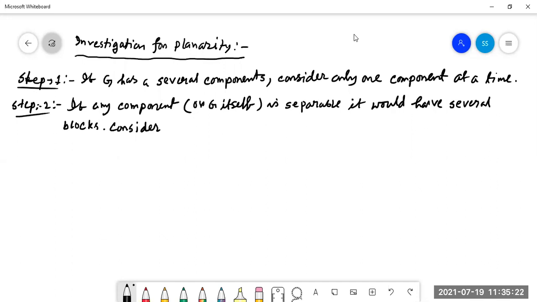Consider only one block at a time. This is step number two.